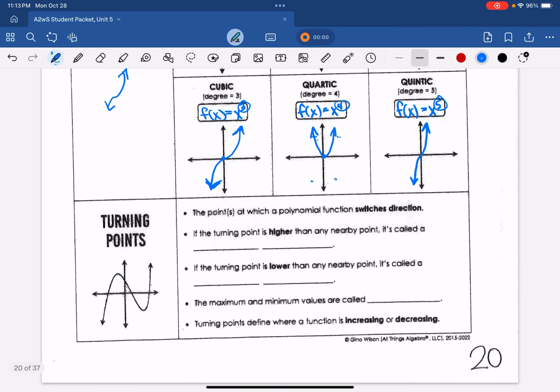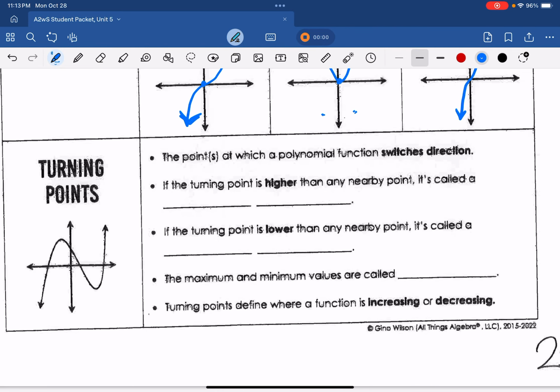Let's look at this example of a graph of a polynomial right here. Here we've got an end that's opening down and an end that's opening up. So if we're riding this thing like a roller coaster, we're coming in from the left to the right, like we always read a graph. We're headed uphill on our roller coaster. We hit the top, and there's actually a point up there where the graph changes direction, and now it's coming back down.